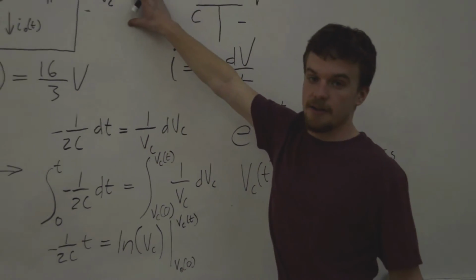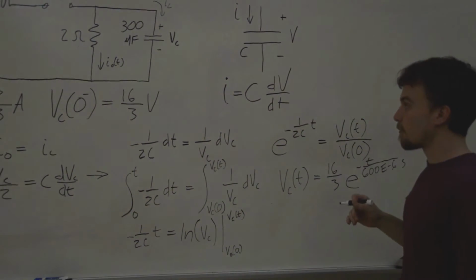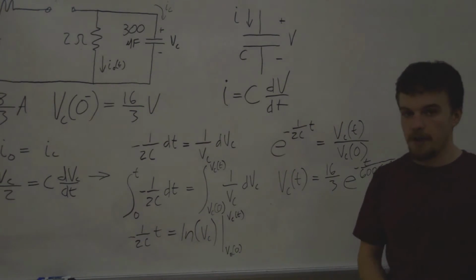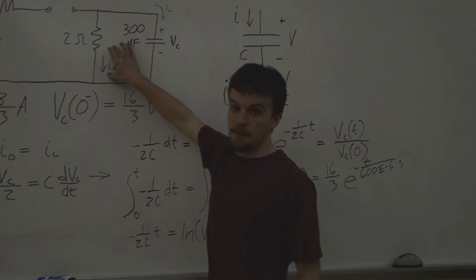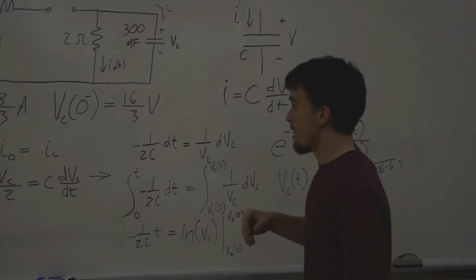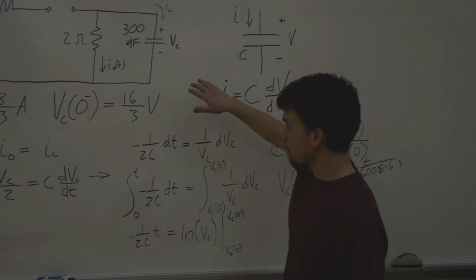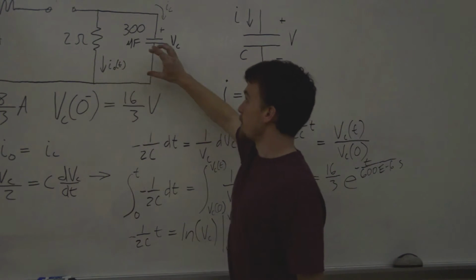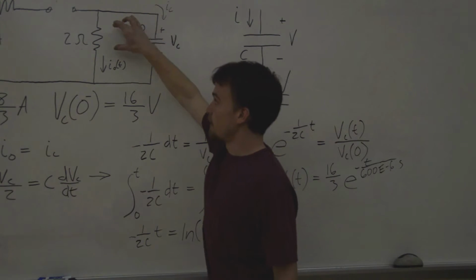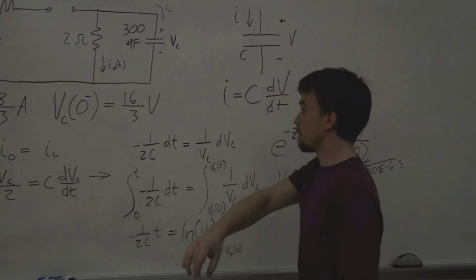All right, so now we have a function that tells us what the value of the voltage across the capacitor is at any time after t equals 0. Now our problem initially asked for the current through this resistor as a function of time, and we can see that the current through here is going to be simply the voltage across the capacitor divided by that resistance value.